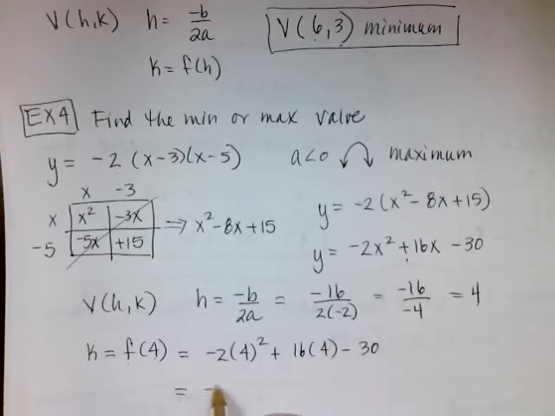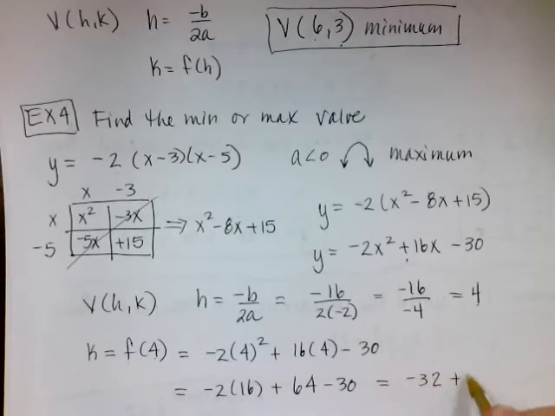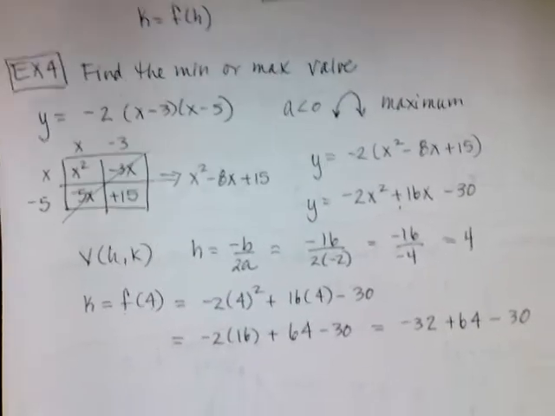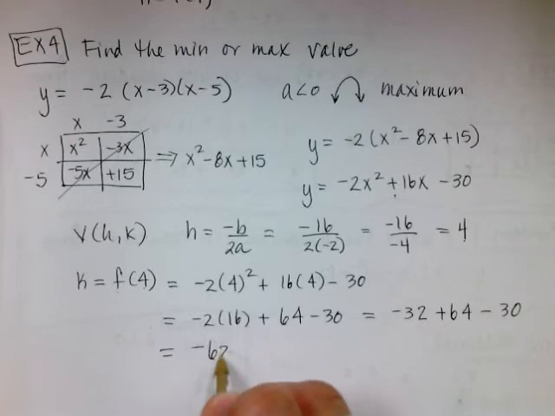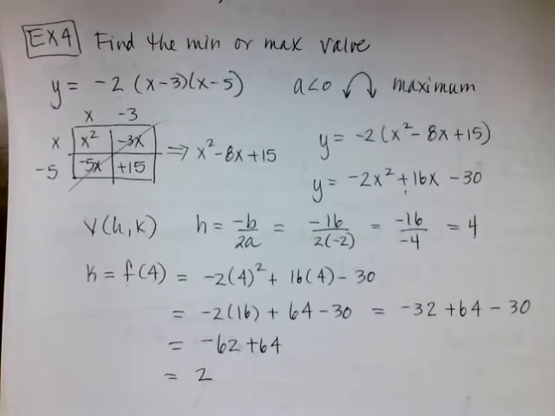So I get negative 2 times 16, which is negative 32, plus 64 (16 times 4) minus 30. Simplify a little bit more, and I get negative 62 plus 64, so my k is 2.